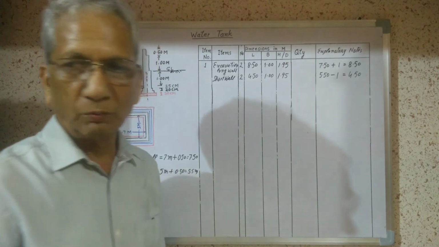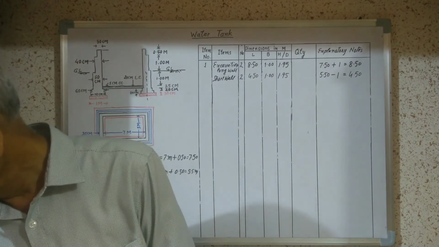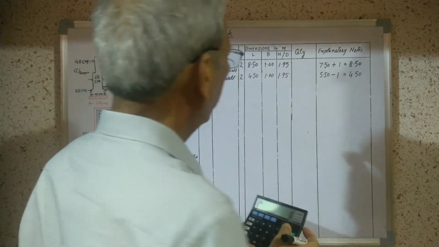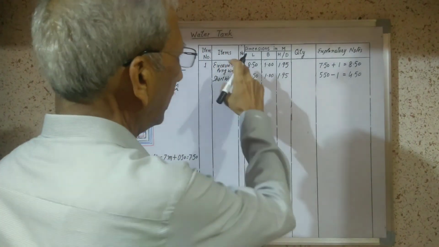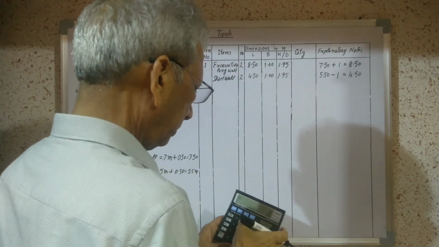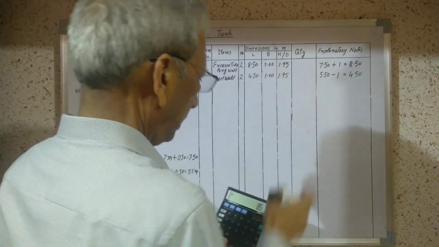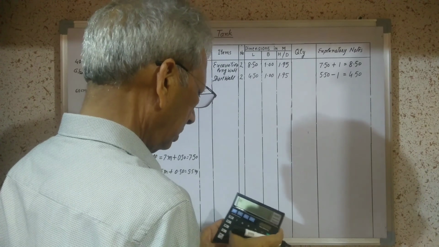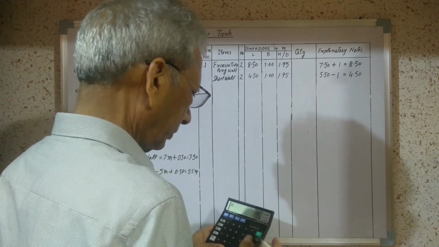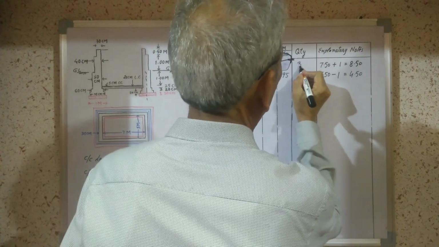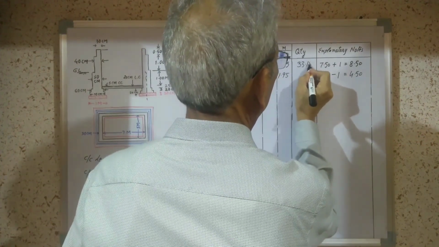Now if we calculate these items, it will be 2 number of long walls multiply by 8.5 multiply by 1 and multiply by 1.95. The result is 33.15.